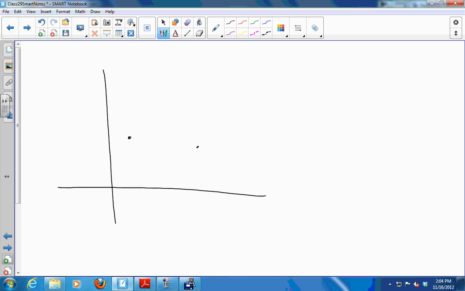let's just say I have 3 points, right? I'm going to find the line of best fit, like that. The way the calculator figures out the regression line is it takes the distances from every point to the line, takes each of these distances. So let's just call this one A, this one B, and this one C. Well, A is above the line and B is below the line.